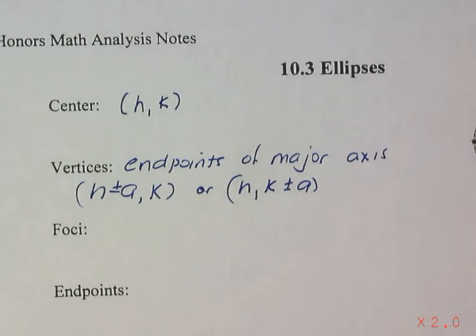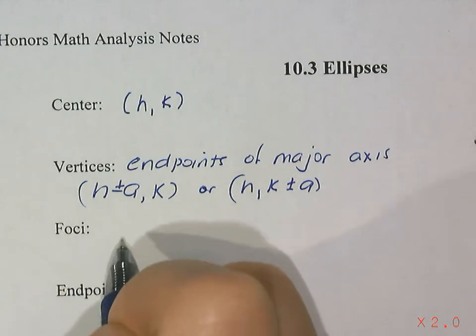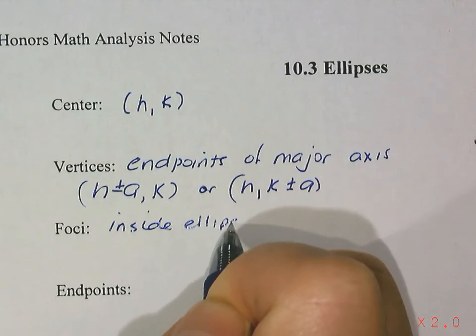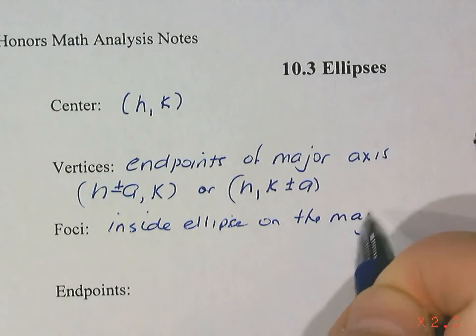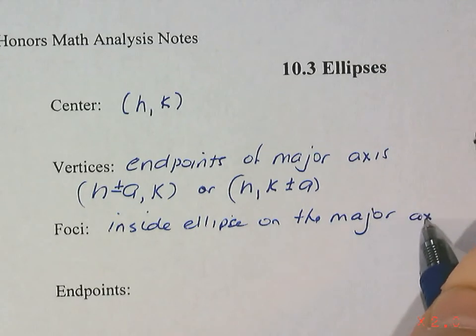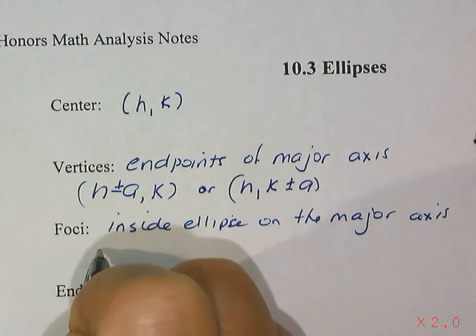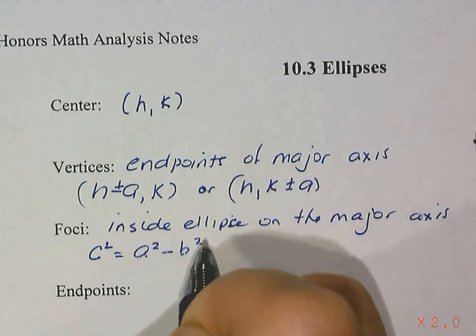So the focus points, or the foci, are going to be inside the ellipse on the major axis. And to find the focus points, you need to know c squared is equal to a squared minus b squared.